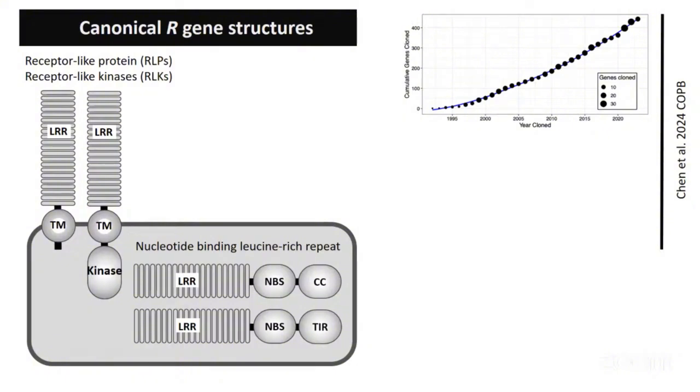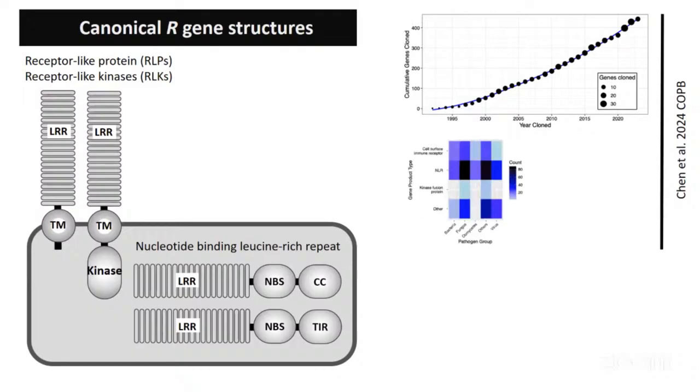And to date, more than 400 disease resistance genes have been cloned. And we looked at all of these genes and quantified the structures that they encode. And as you can see, most of them are cell surface receptors or these intracellular NLR receptors. And then you have some oddballs, some other things. And we've seen that there's a class which is emerging, which are these kinase fusion proteins.